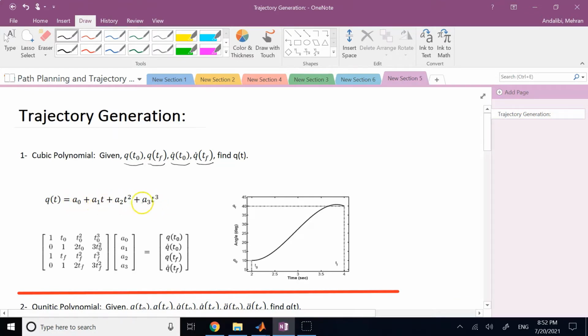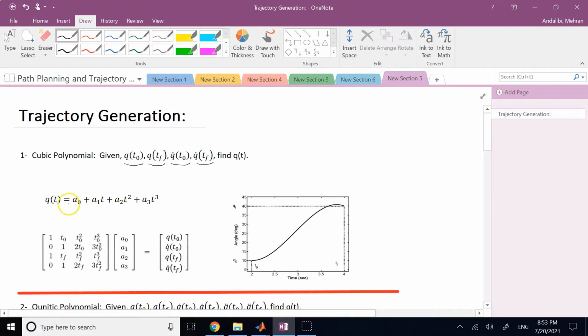It has 4 unknown coefficients, a0, a1, a2, and a3, and it is going to satisfy these 4 conditions because it has 4 unknowns. So we set it equal to this, and then we apply these conditions. For t, we apply t0 and set it equal to q at t0. Then for t again, we apply tf, and it is going to be q at tf.